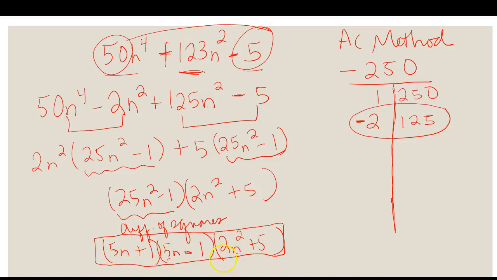That'll be 25n squared times 2n squared. Right there you can see that gives you 50n to the 4th. And you can always multiply that out like the example that I did before, but you don't have to. If you're pretty confident about factoring, then you kind of get the feel or the sense when you're not doing something completely right. Alright, so just follow your gut on that. And I hope this helps.